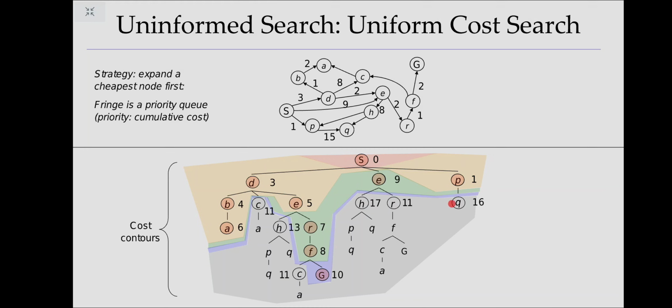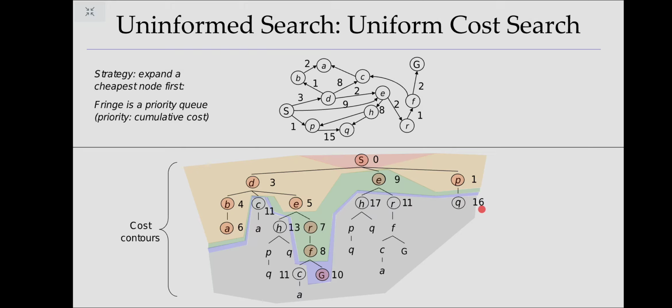P has a child, Q. The cost between P and Q is 15 plus the label of P, which is 1. 1 plus 15 is 16.